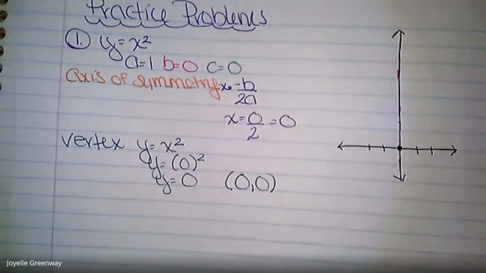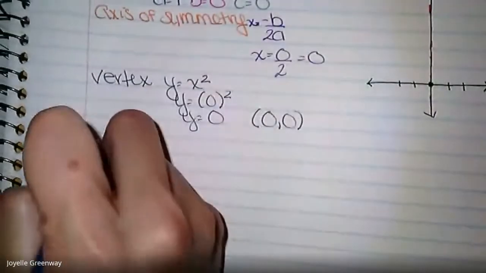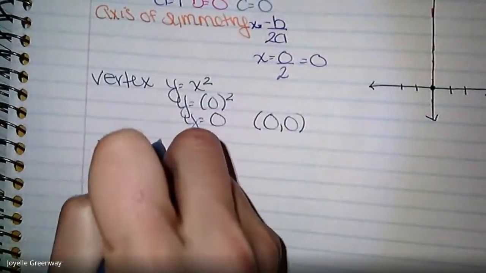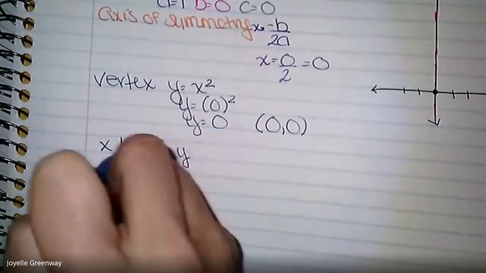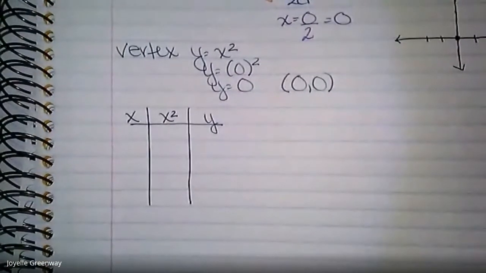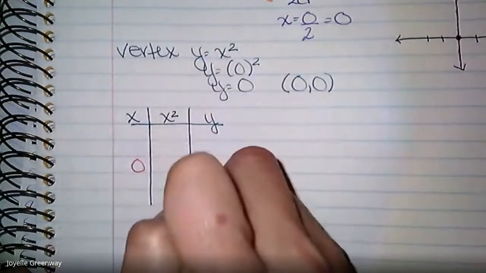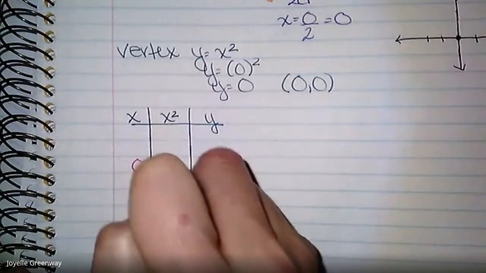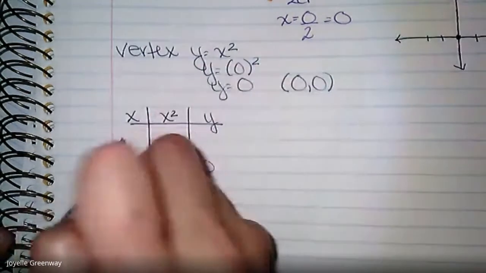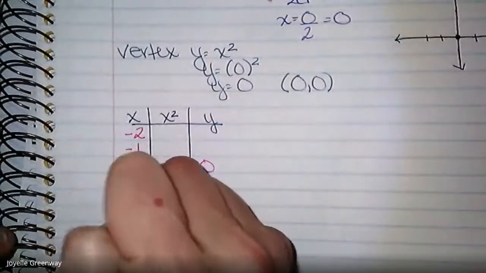So I have x, then I have x squared, and y. And I know that my vertex 0, 0 needs to be that middle value, because that's your vertex. And what I'm going to do is I'm going to pick negative 1, negative 2, 1, and 2.